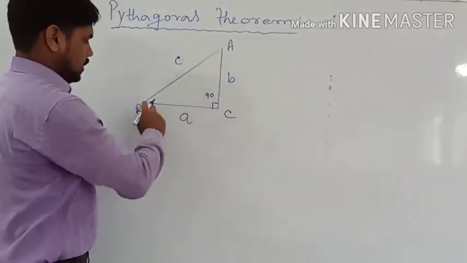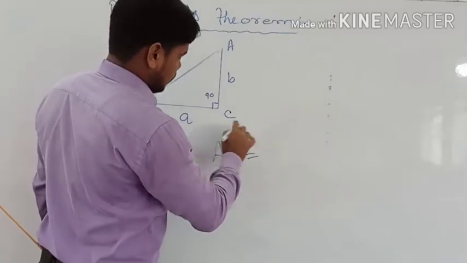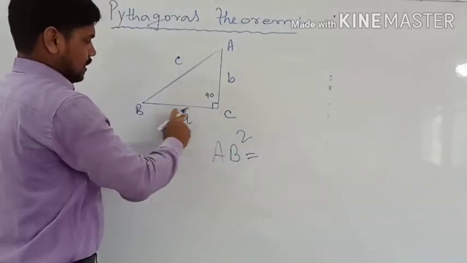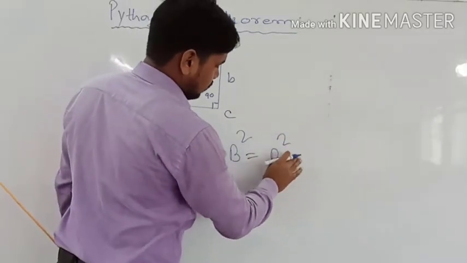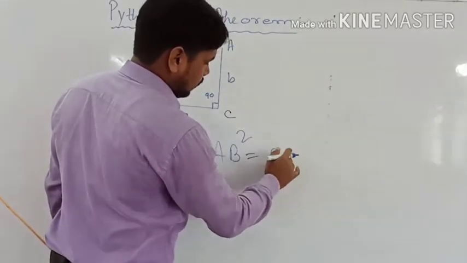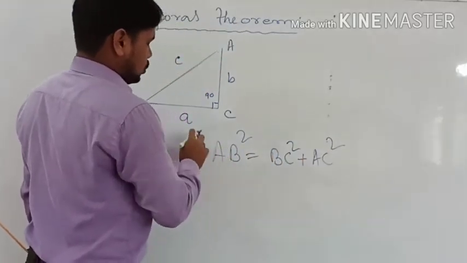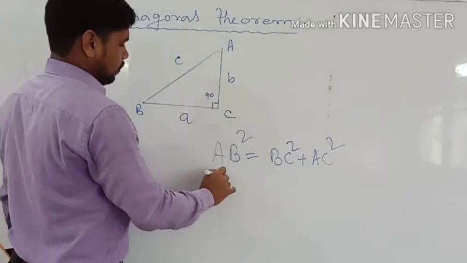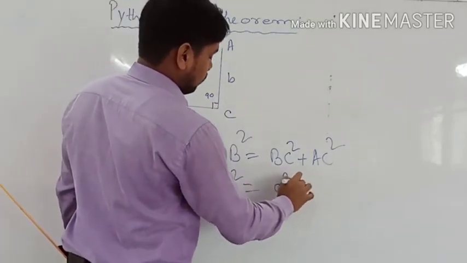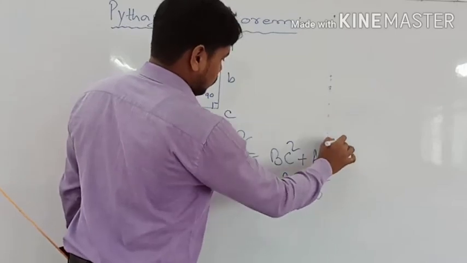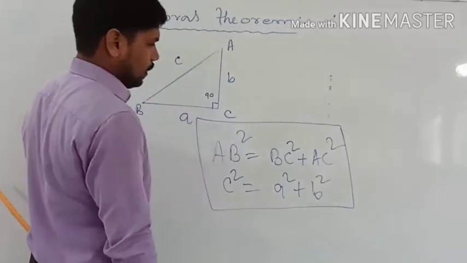So hypotenuse is here AB, so AB square is equal to, the other two sides are BC and AC, so BC square plus AC square. So here if you take the measurement, it will be c square is equal to a square plus b square.